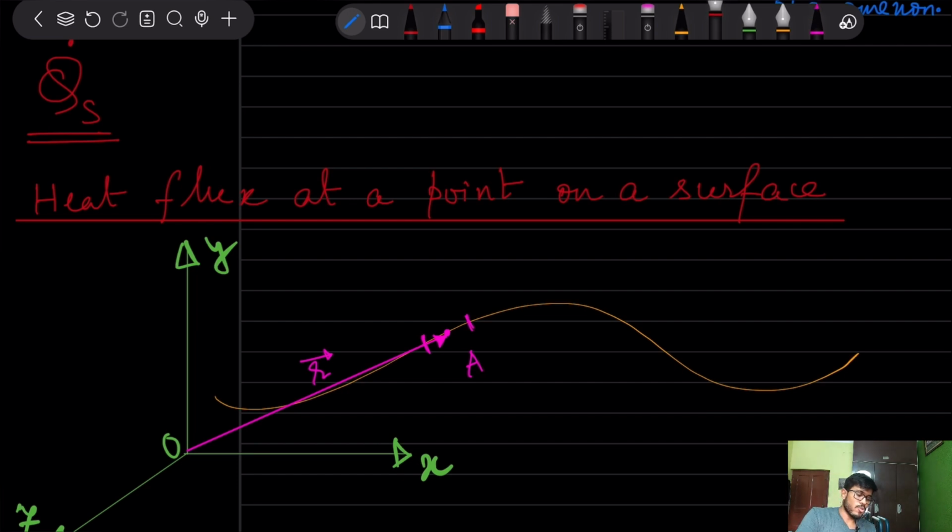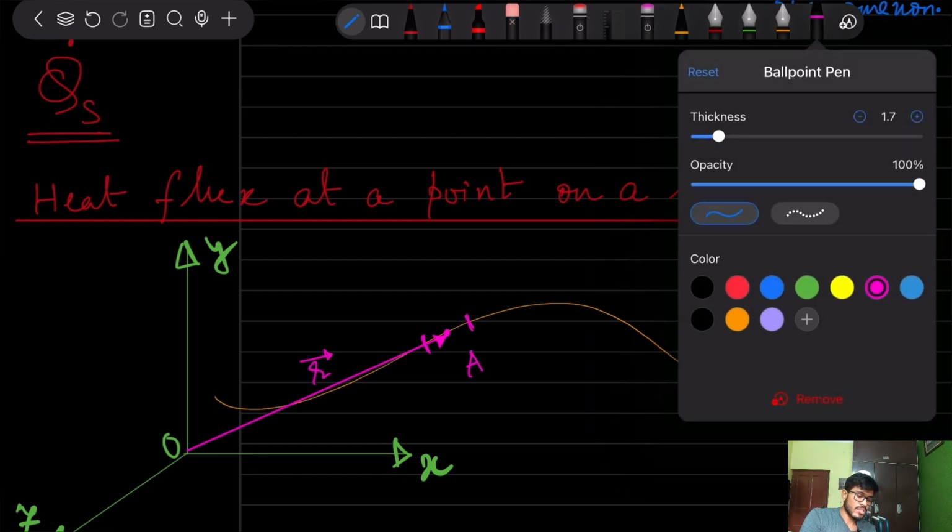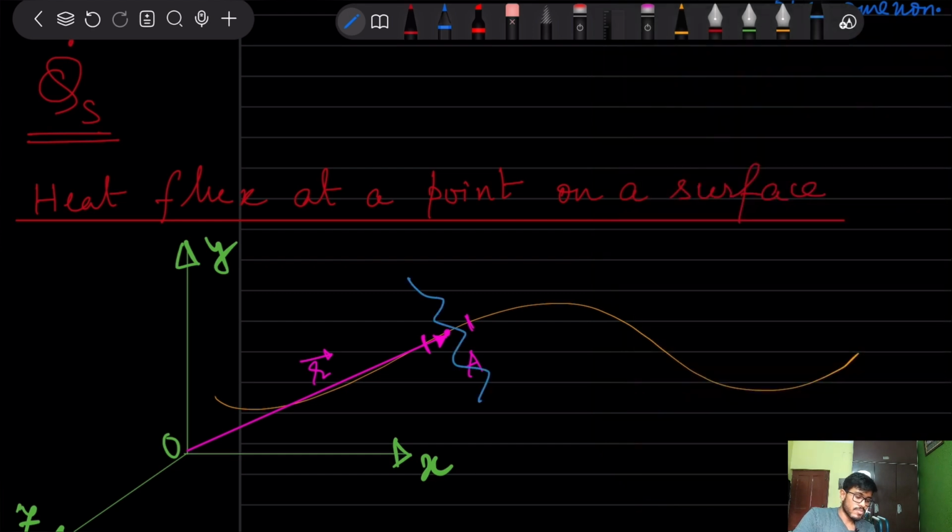So if q dot average is the average heat transfer rate through this area A. And why am I telling this average thing?